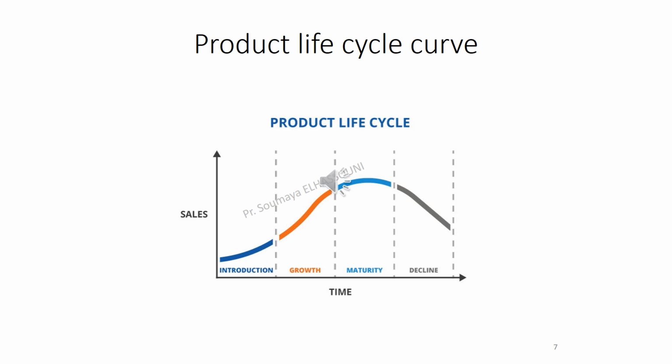So understanding where a product is in its life cycle allows companies to adjust their strategies, whether it's boosting promotion, launching updates, or planning for a replacement product. So it is very important to understand in which stage the product is.